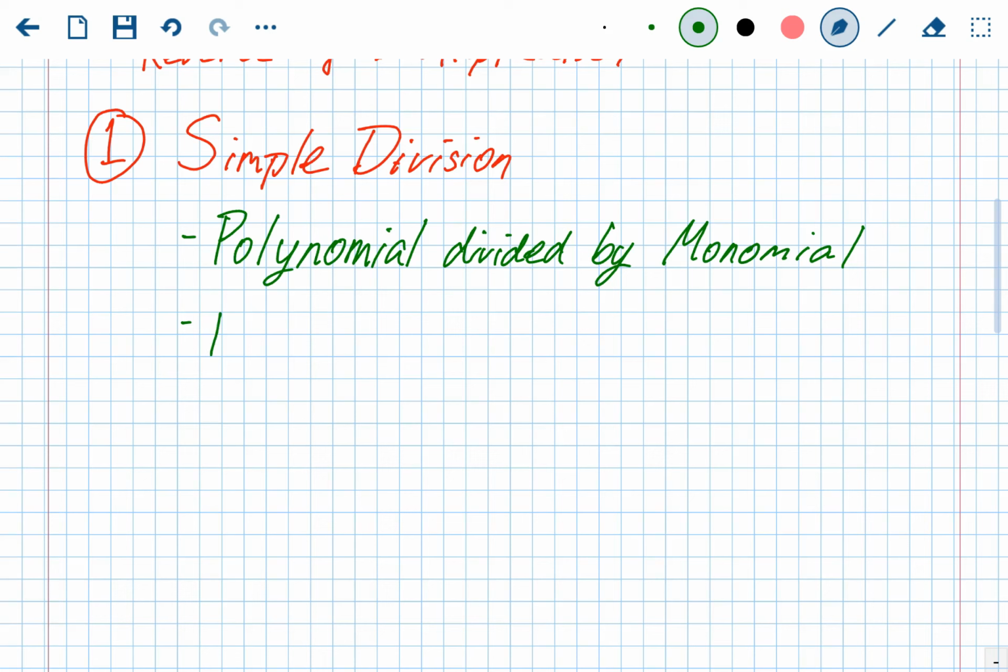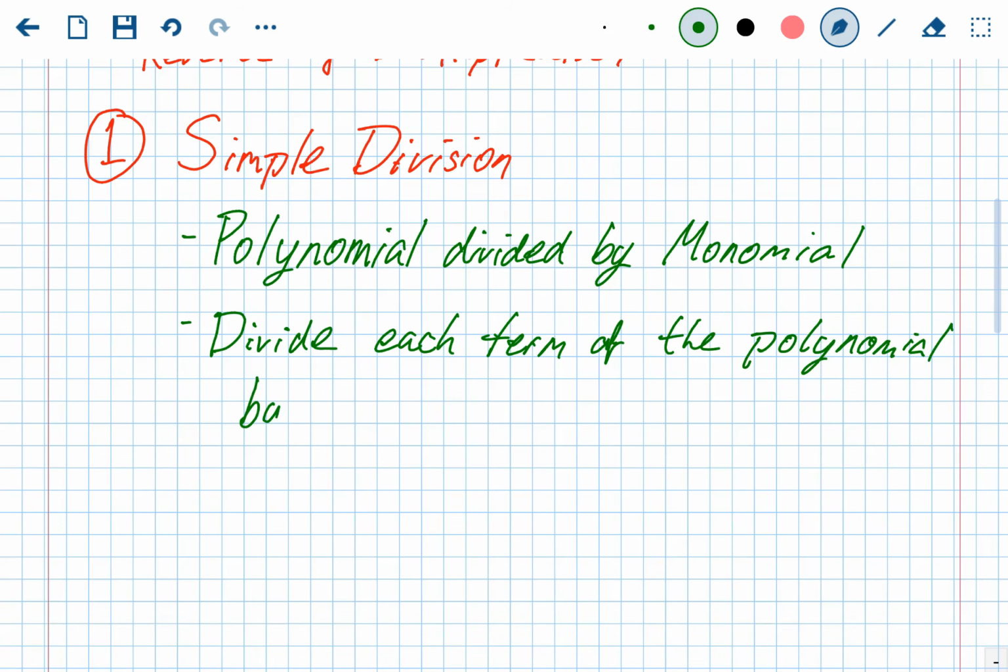In simple division, we are going to divide each term of the polynomial, so each term in the numerator, that's going to be on top, by the monomial that's going to be in the bottom of the fraction.